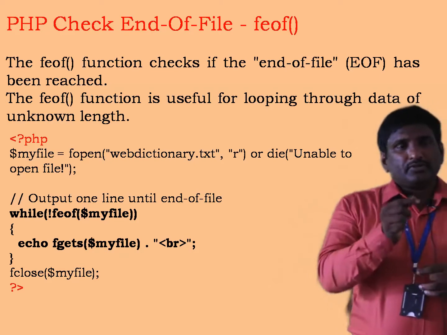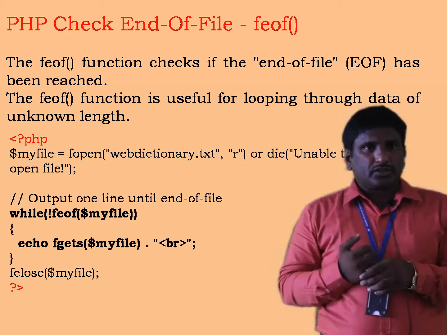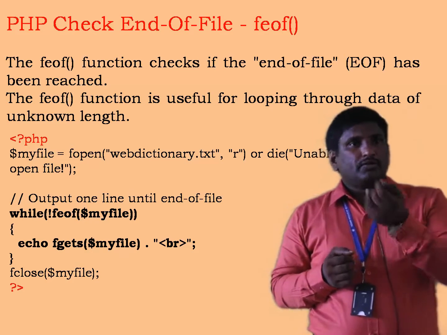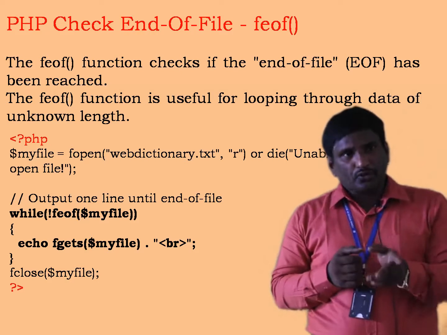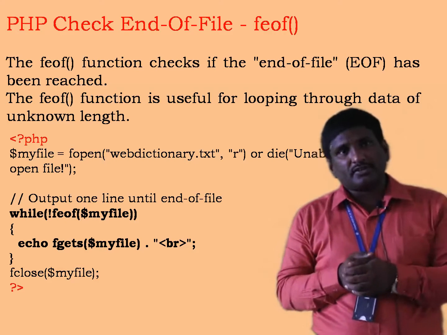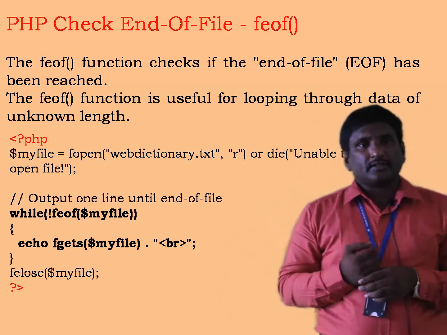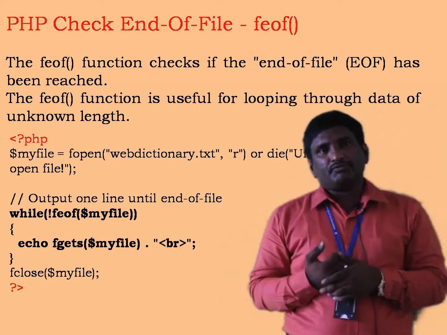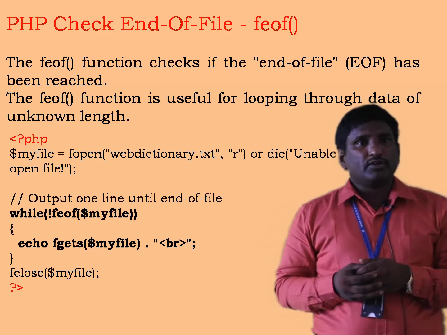So by using end of file, that's what I'm using here with while. While feof of $myfile is not true, print a line by using the fgets function, it prints a line from the dictionary.txt. After that I need to close the file pointer. In this way we check the end of the file by using the feof function.